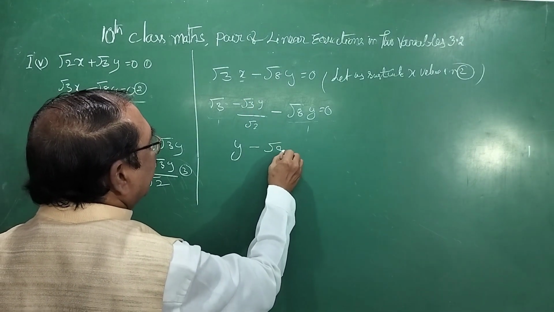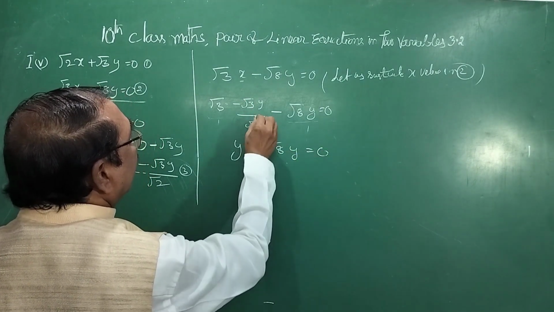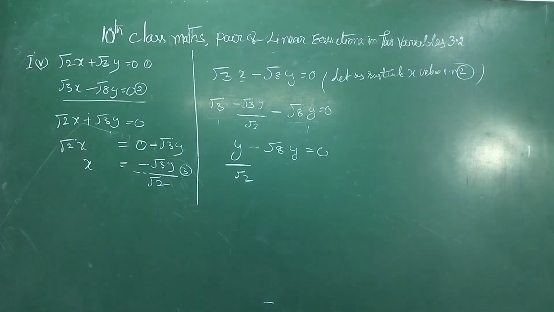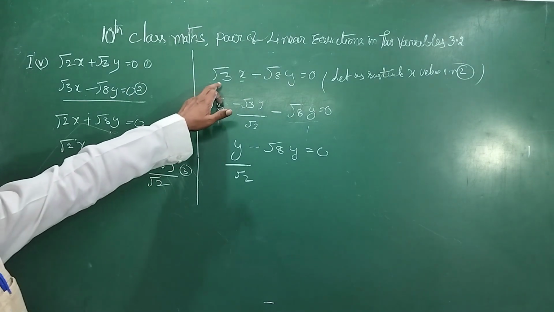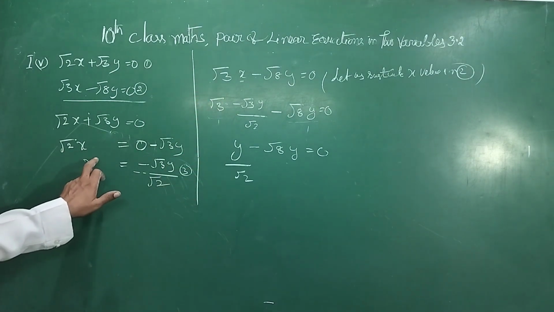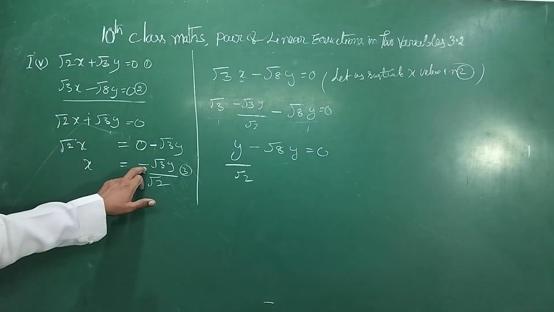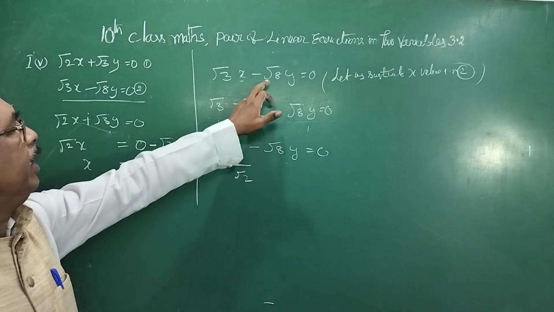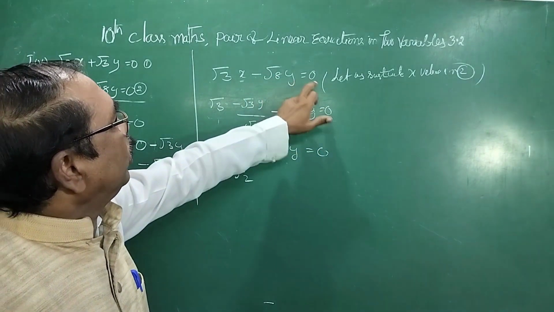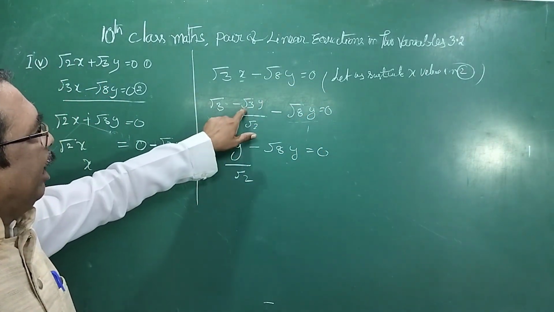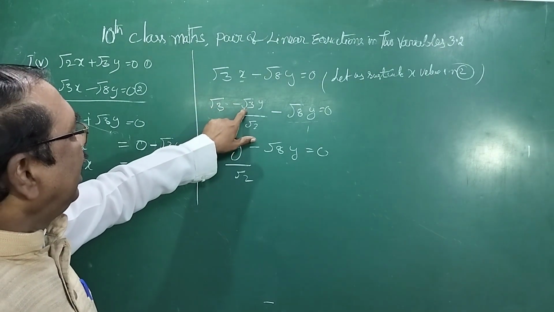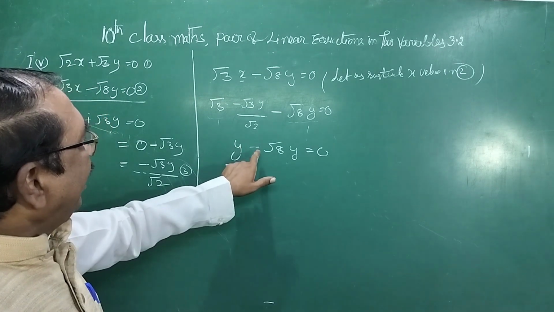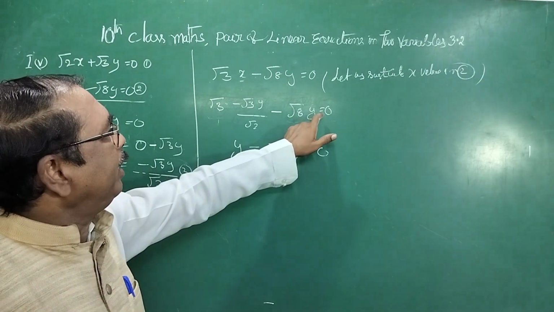So y minus root 8y is equal to 0. Carefully see what we did: in place of x we wrote minus root 3y by root 2, minus root 8y, equal to 0. The root 3 terms cancel, and y by root 2 minus root 8y is equal to 0.